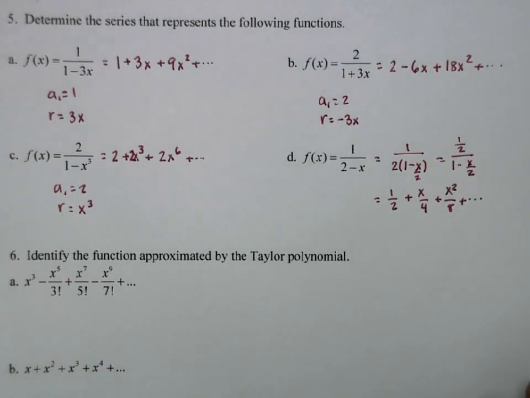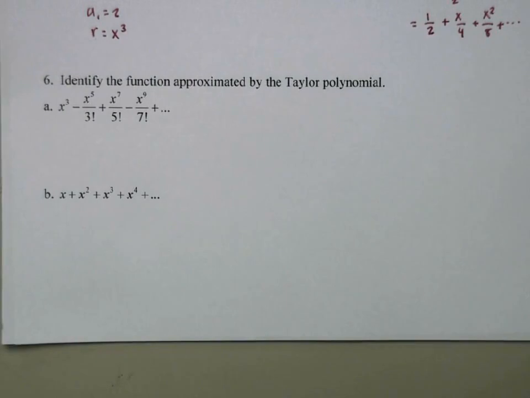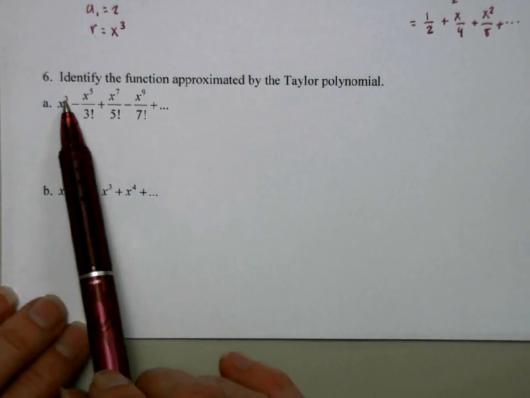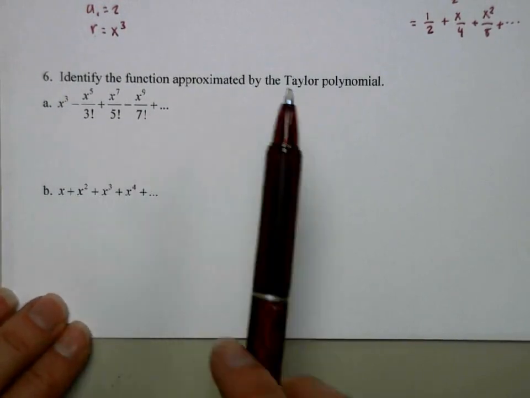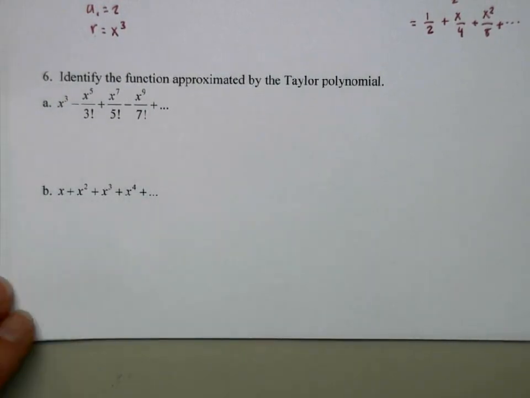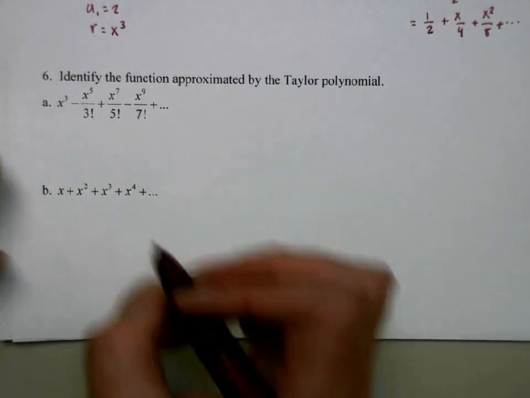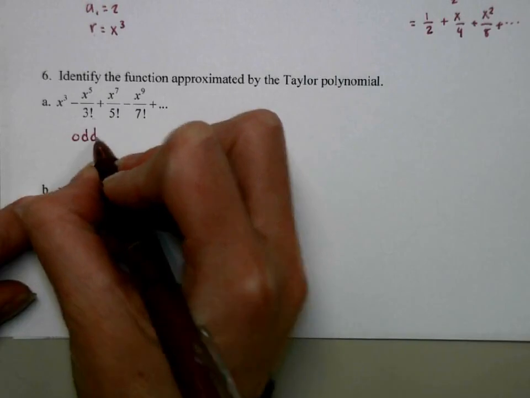Okay, now we're kind of going backwards, when presented with the series, trying to come up with the function. Here, we've seen a lot of cases where I'm able to change the powers by multiplying or dividing by something. If I look at the factorials, we have odd factorials, so odd is equal to sine.